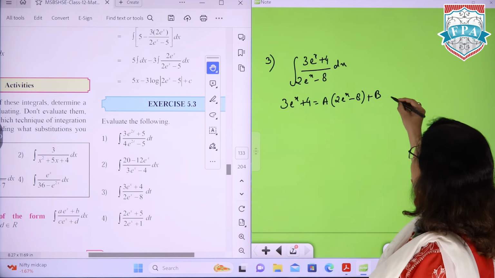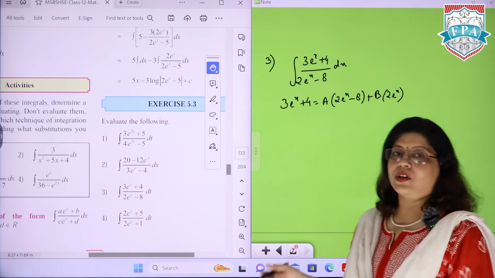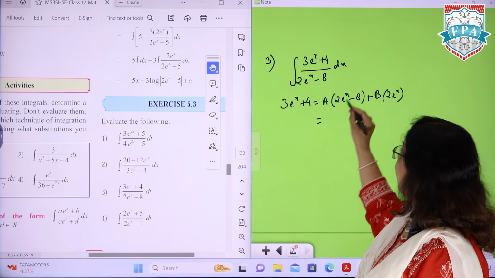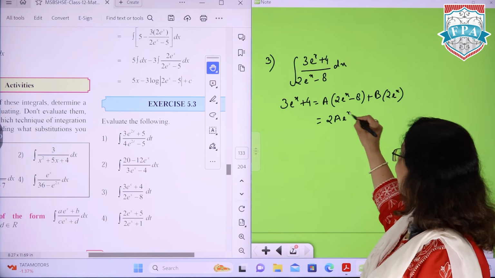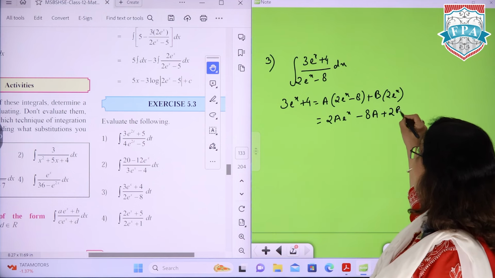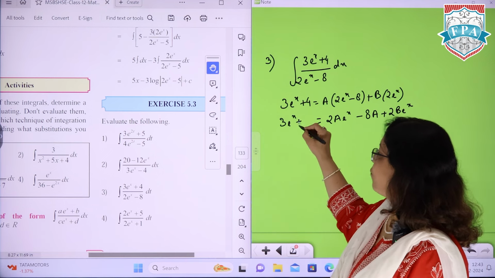Now d by dx of this denominator is 2e to the power of x, because minus 8 is a constant, it won't be there. So when you open, you will get 2a e to the power of x minus 8a plus 2b e to the power of x is equal to 3e to the power x plus 4.